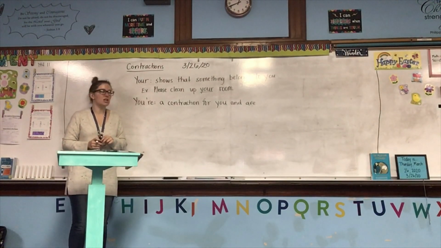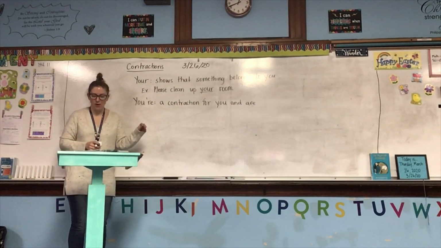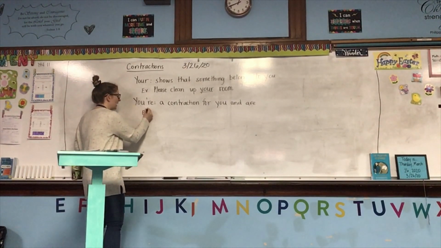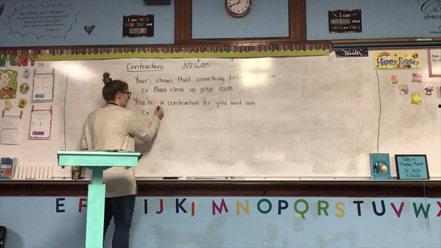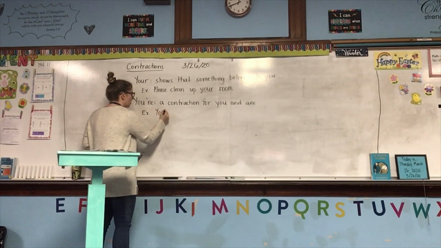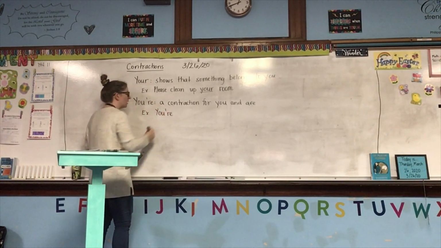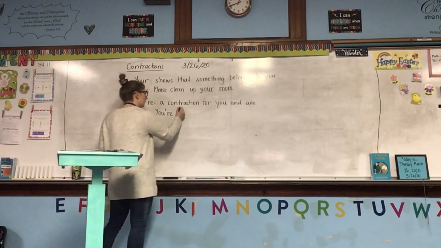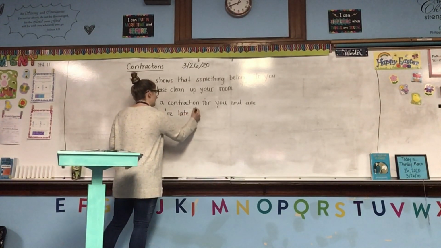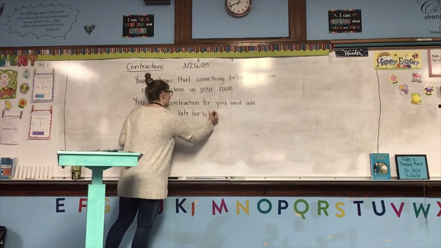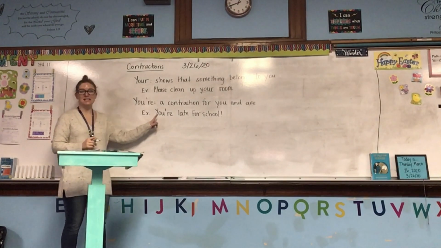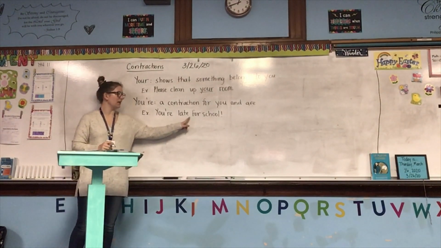You are using the contraction for the subject you and the verb are. So for example, Y-O-U-'-R-E, you're late for school. That says the same thing as you are late for school.